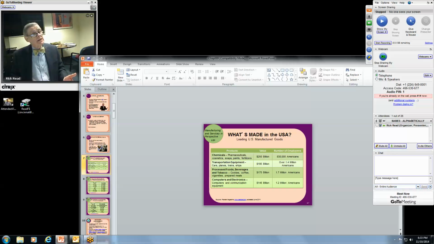Here's what we still make in the United States: chemicals, transportation equipment, processed foods, soft drinks, computers and electronics. So we're actually producing a lot of stuff. We're making a lot of stuff. We're manufacturing a lot of stuff. And I am using the word stuff, and I should say product instead of stuff.